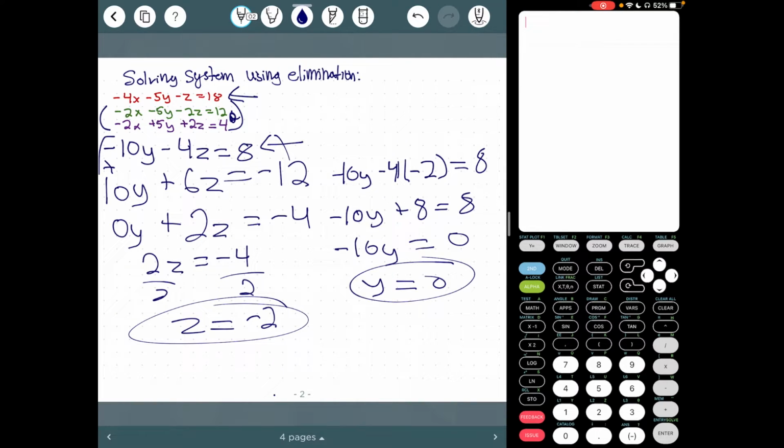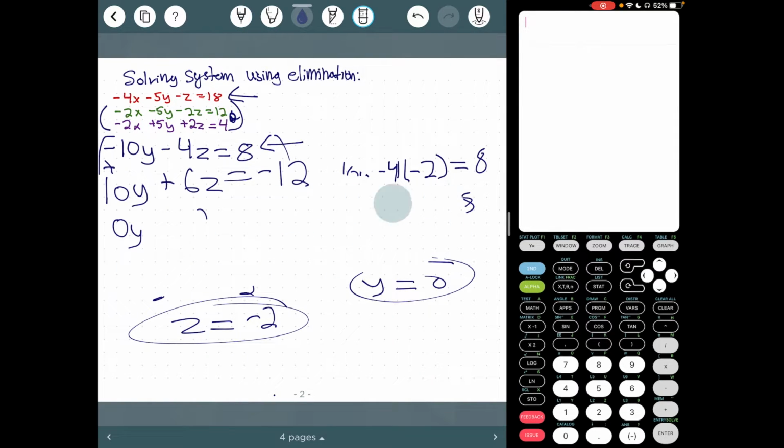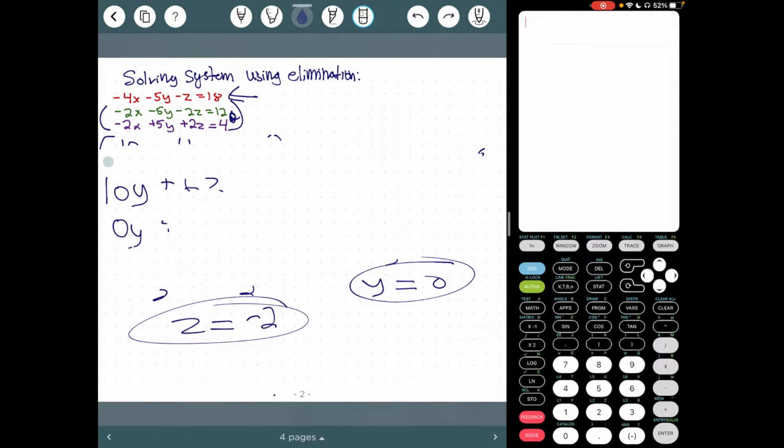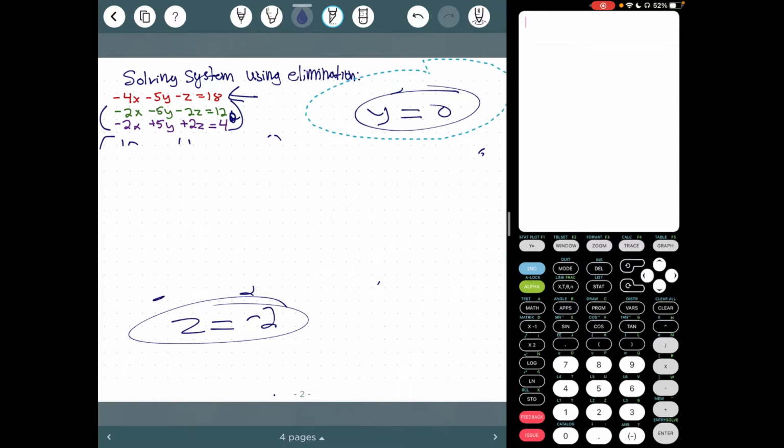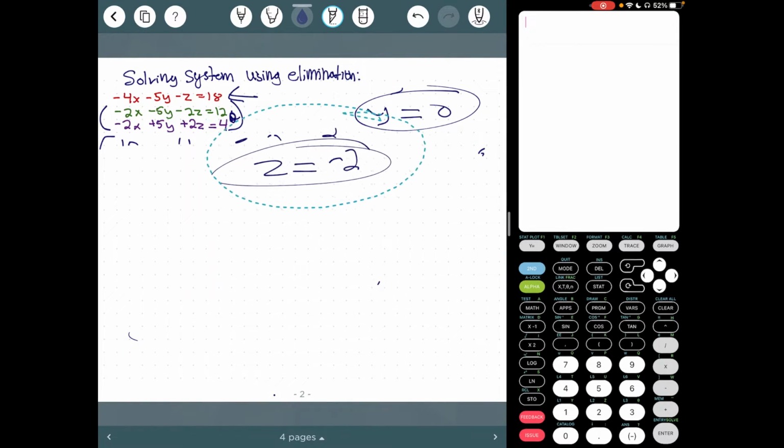So now we found both our z and our y values. So now we can plug these two values into one of these equations. So we can get rid of all this. And we can move these up here. Okay, so now let's just take the first equation.